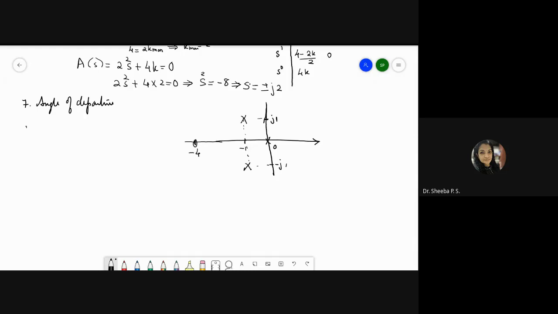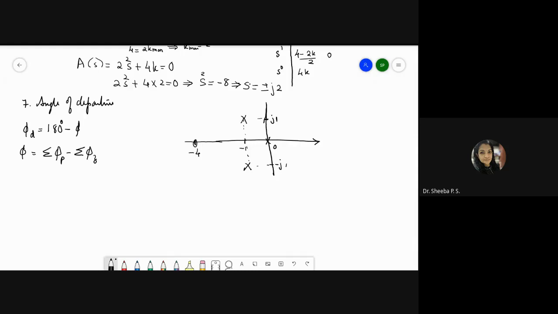Let me write the formula first: angle of departure is equal to 180 degrees minus phi. And what is this phi? This phi is nothing but sigma phi p minus sigma phi z.